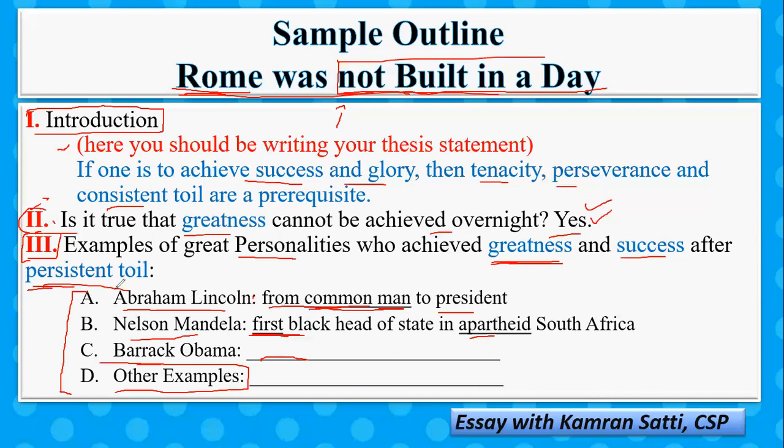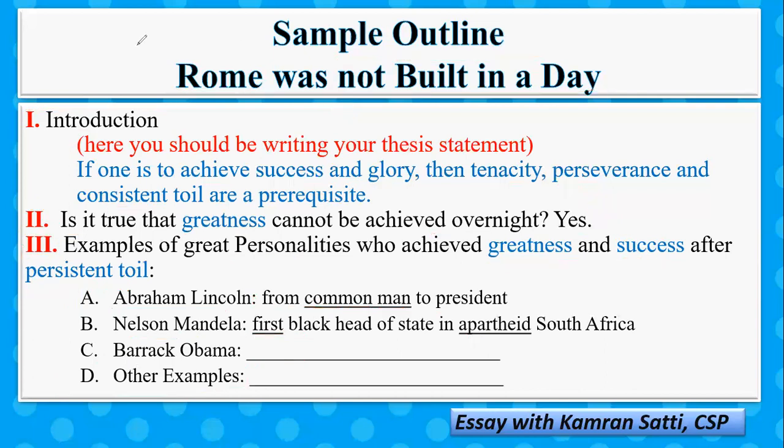Just write the names, because that would make your outline too long, and that is not preferable. Your outline shouldn't be 2 to 3 sentences for 1 point. If you have adequate vocabulary to summarize their main niche relevant to this topic, only then write it. I hope I have made myself clear.